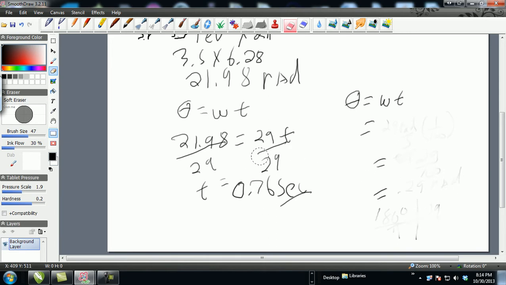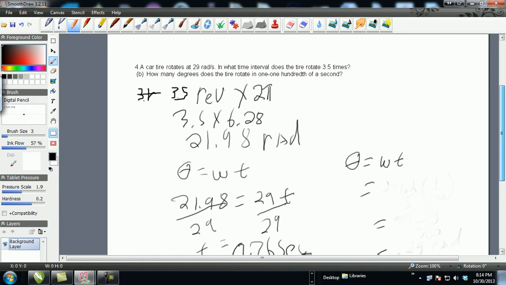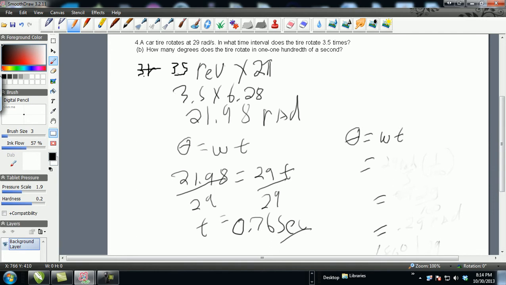Alright, lots of love. Let's go back here. What was my omega? The omega was 29 radians per second, so that becomes 29. We're going to do this in 1/100th of a second, right? Yep, that should be 1/100th. So that means that becomes 0.29 radians.